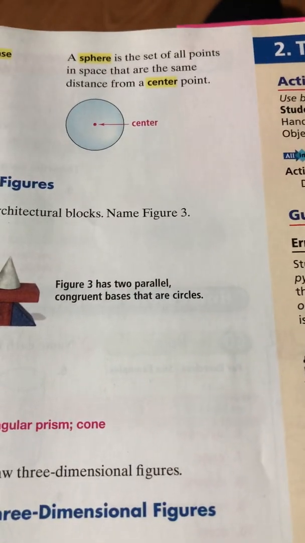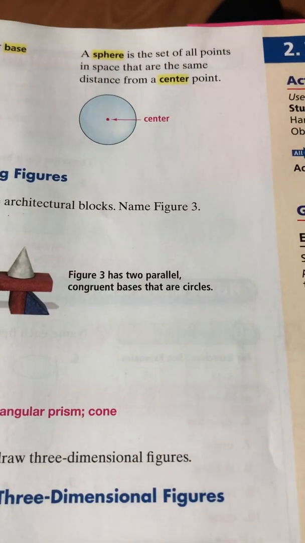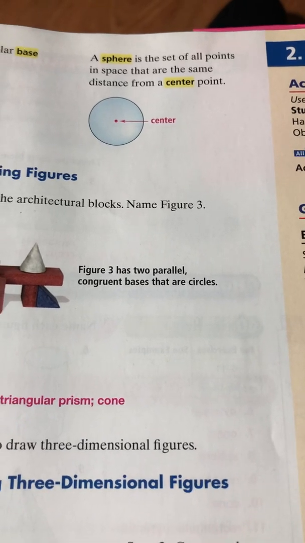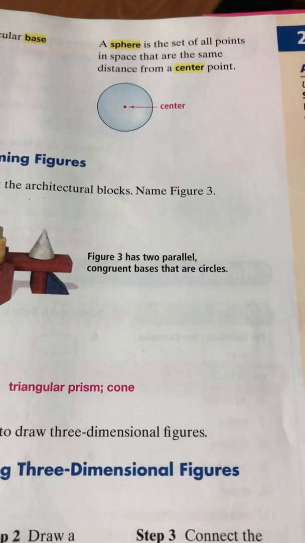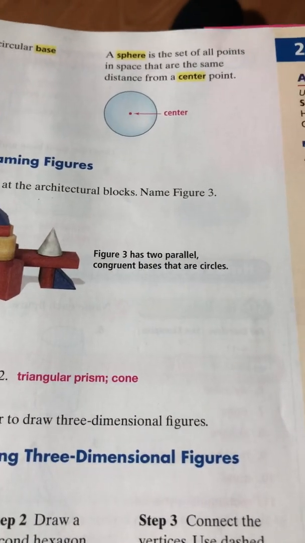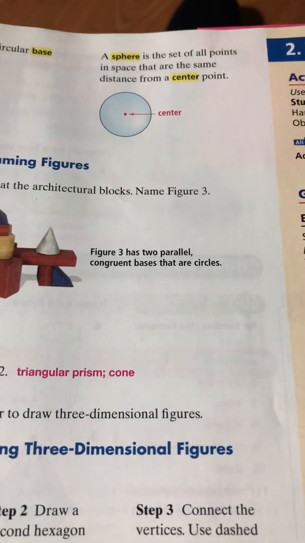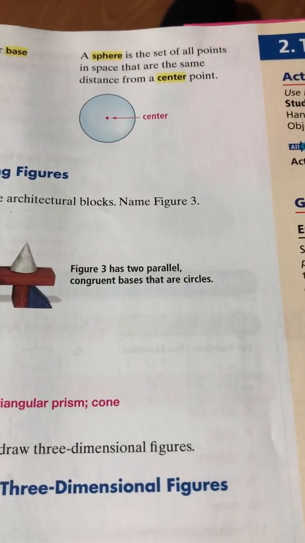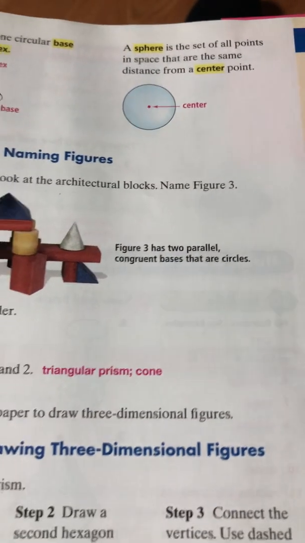The sphere is our basketball, our baseball, some sort of ball is always a sphere, the moon and so forth. It's where all the points are equidistant from the center. Okay, we've done circles before, no big deal.